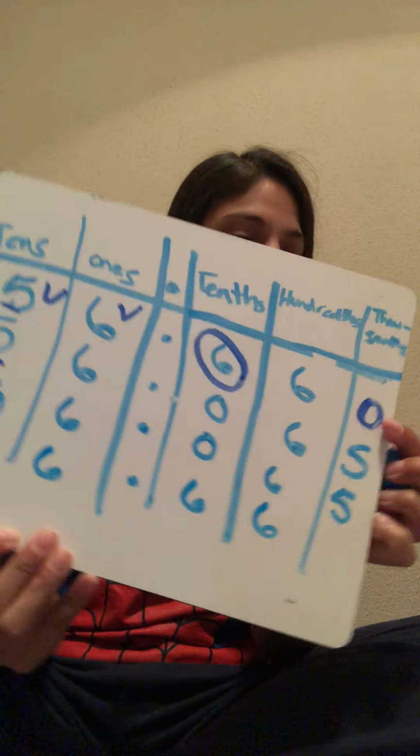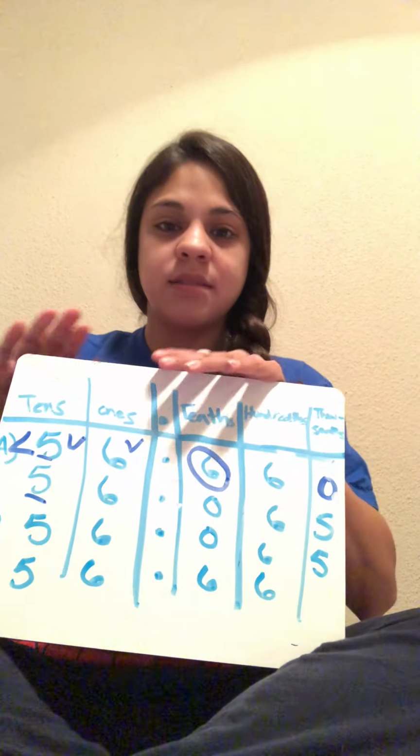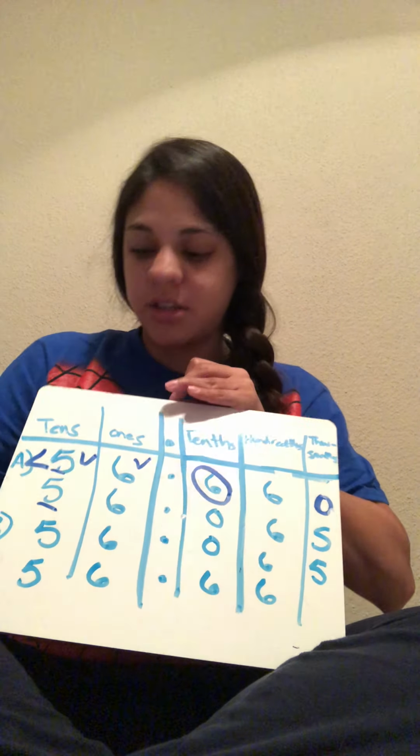Using the same place value. Okay? So I have 56 and 65 thousandths, I'm sorry. And then you have 56 and 66 hundredths. Okay. And again, we start from the left-hand side, the tenths, and you look at your place values.